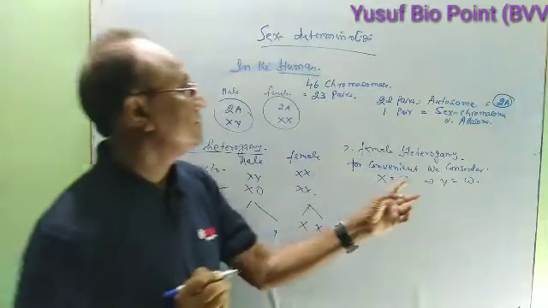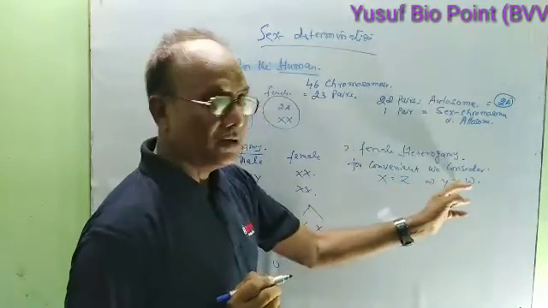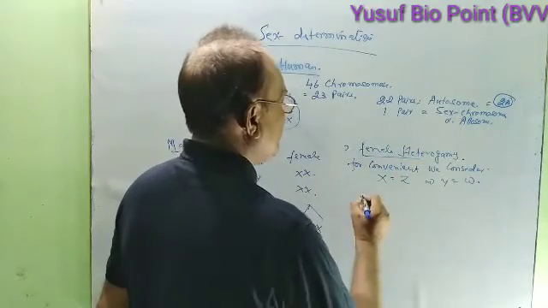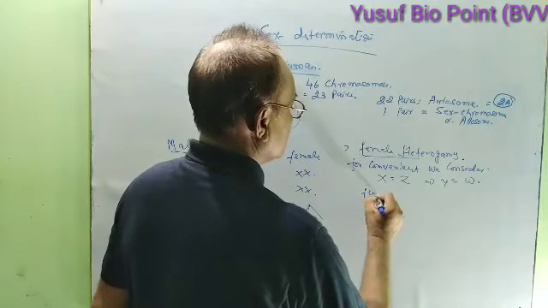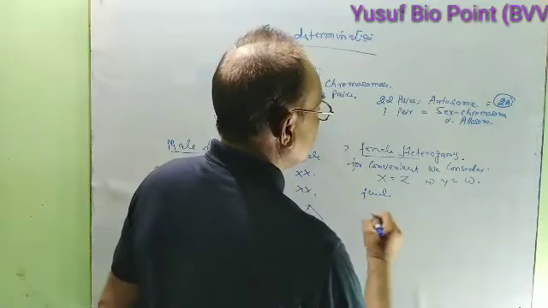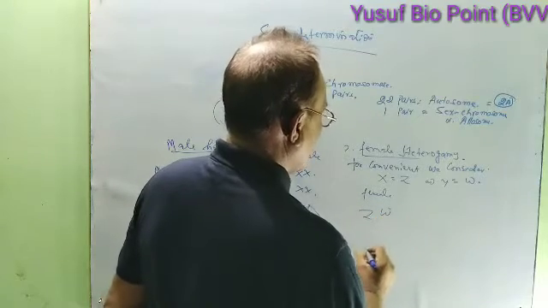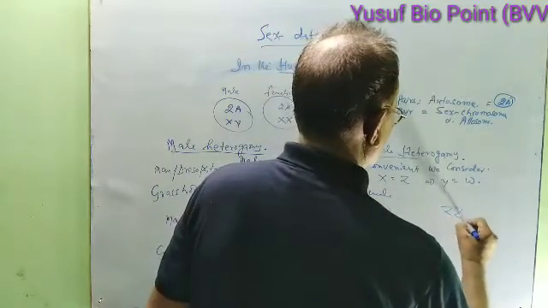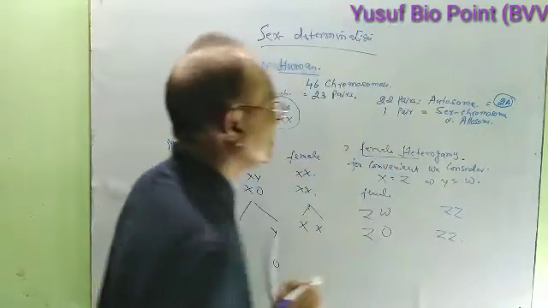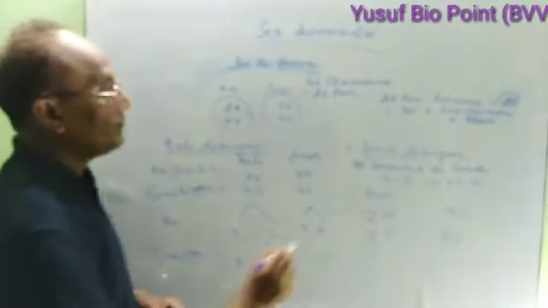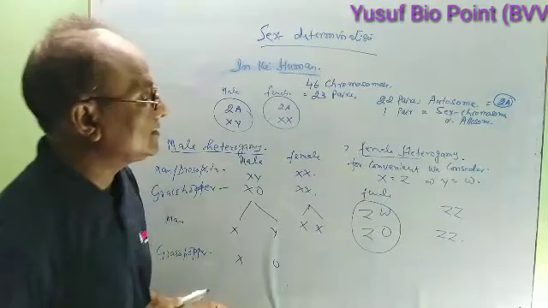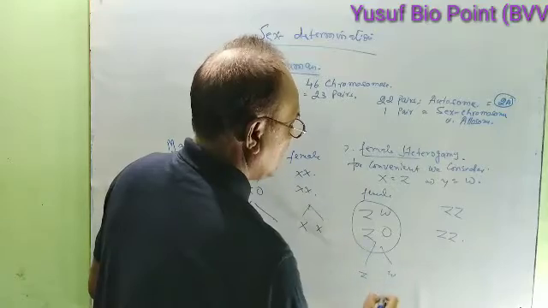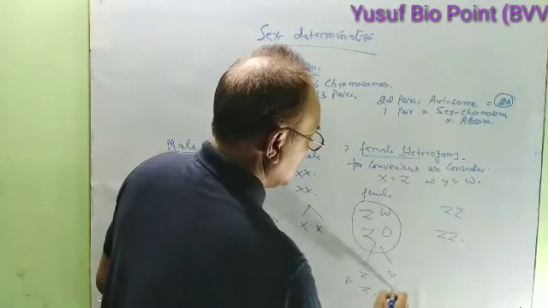Means we consider X को Z के रूप में दिखाते हैं. So there is female heterogamy, so the female may be ZW as in birds, or ZO. They produce different types of gametes, that is ZW or ZO.